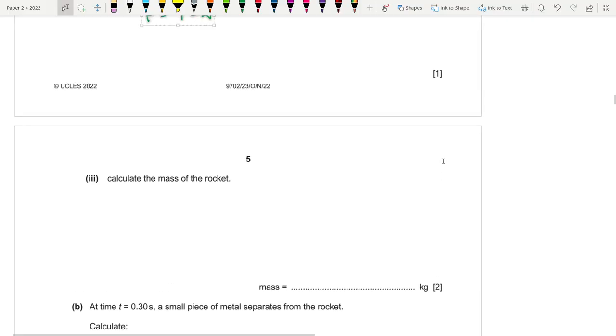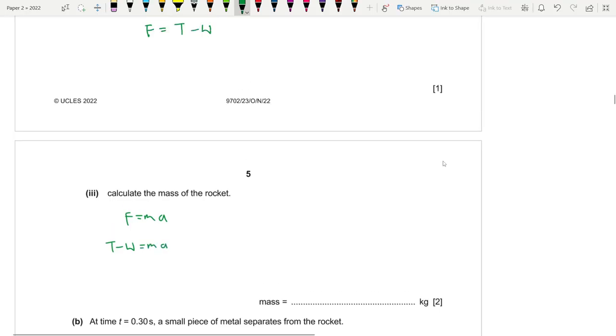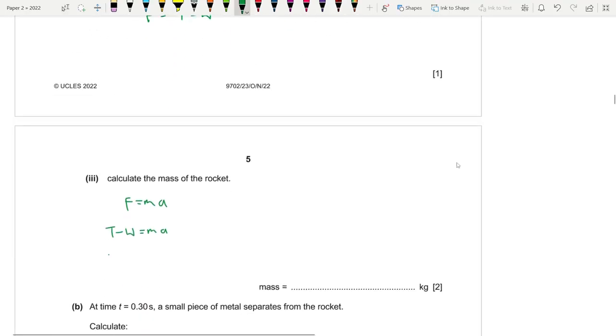Calculate the mass of the rocket. Okay, fine. So we know that F is equal to ma, and thrust minus weight is equal to ma. So the thrust force is 60, right? So 60 minus weight, which is mg basically, is equal to ma.